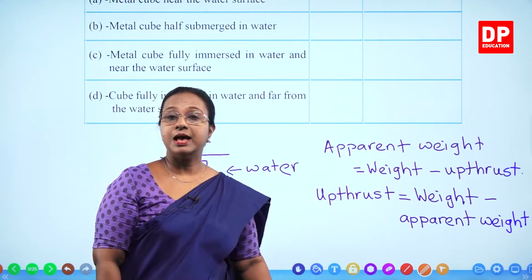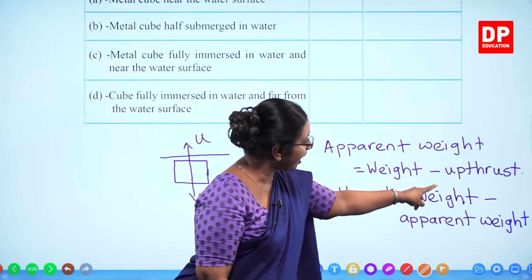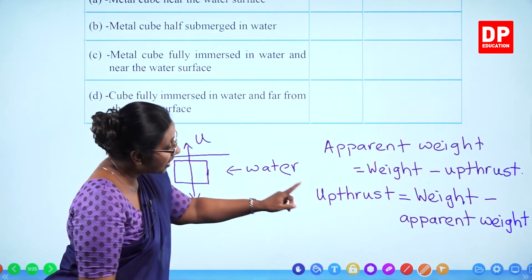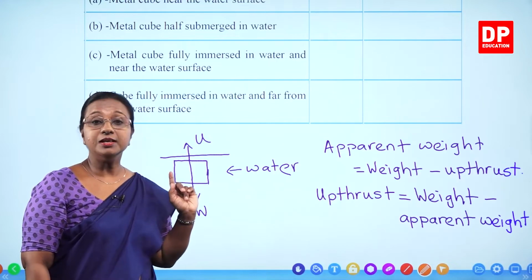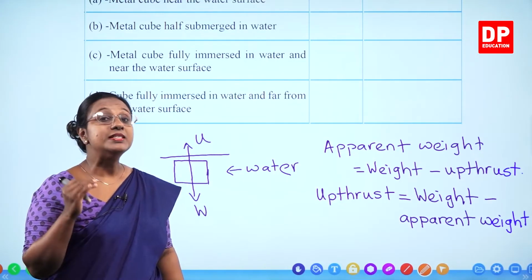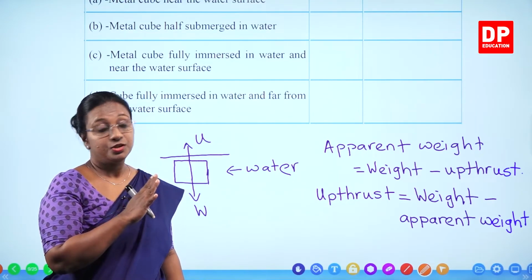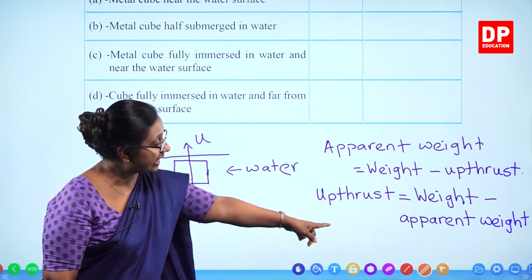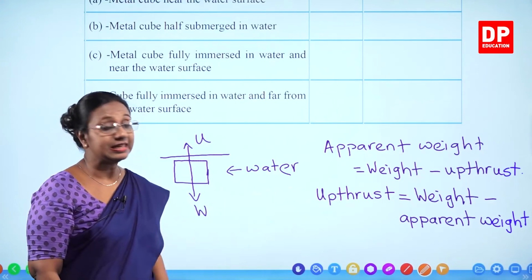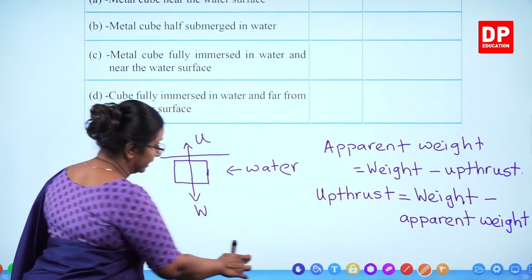Weight minus apparent weight. Is that clear to you? Because when you subtract the upthrust from weight, you get the apparent weight. But if you subtract the apparent weight from the real weight, you get the upthrust. What is the reason? We see the apparent weight because the upthrust is acting upwards. So, to get the upthrust, we take the difference between the weight in air or the real weight and the apparent weight. So, that is what we need to fill in the first column.